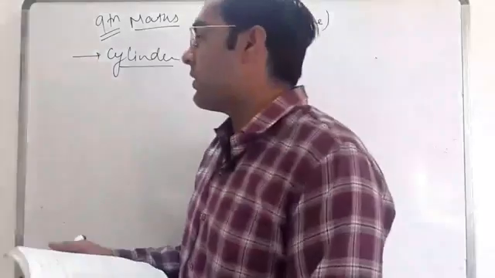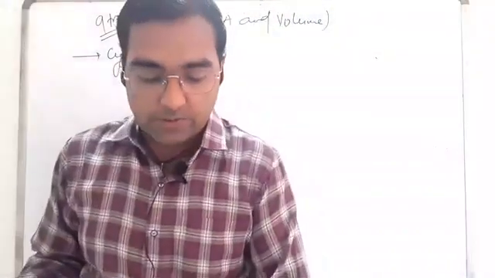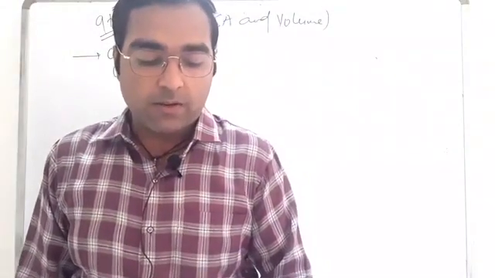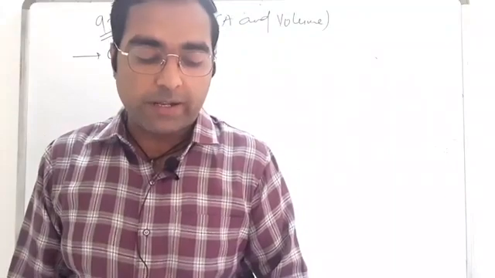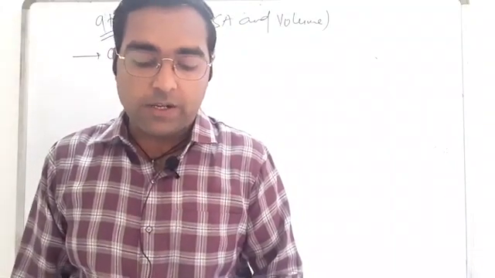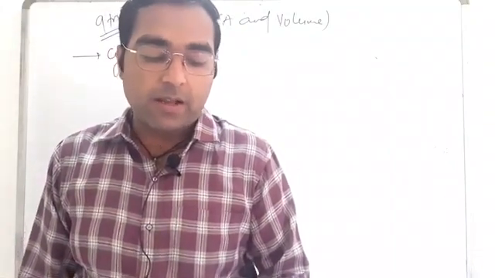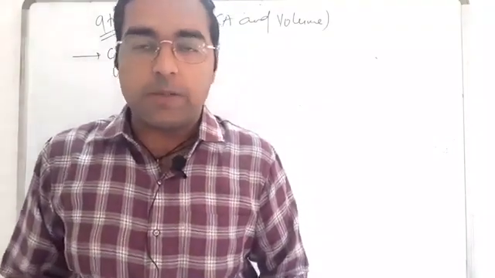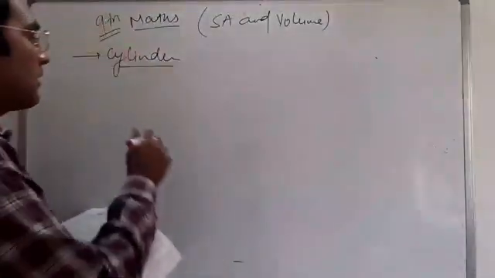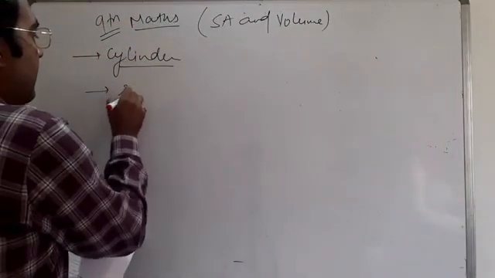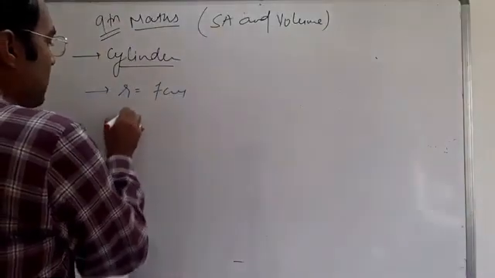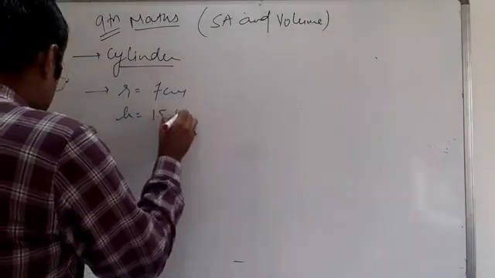So my first question is: find the volume of the right circular cylinder if the radius of the base and height are 7 cm and 15 cm respectively. Here radius is 7 cm and height is 15 cm.